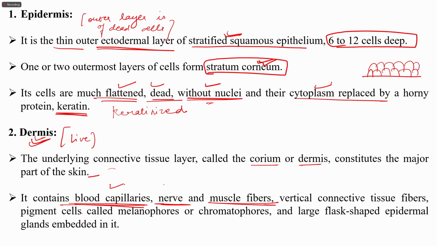They have a supply of blood capillaries, nerve endings and muscle fibers, vertical connective tissue fibers, pigment cells called melanophores. Melano means related to pigment, or chromatophores. And large flask-shaped epidermal glands are embedded in it. These large flask-shaped glands are usually the mucus glands.